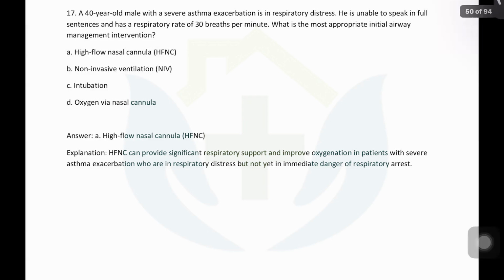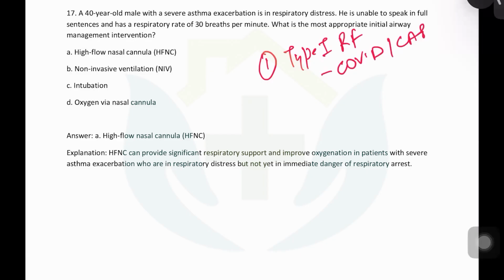Now, what are the usual indications of HFNC, anyone? The number one is type 1 respiratory failure. That is the first indication. For example, COVID pneumonia, community acquired pneumonia, ILD exacerbations, pulmonary edema where CPAP cannot be tolerated, asthma exacerbations.